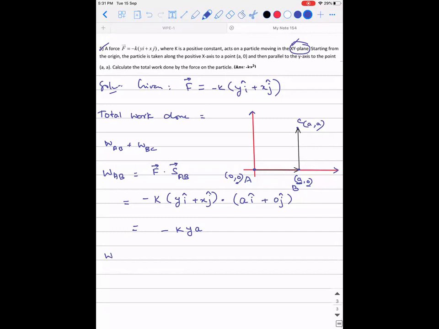Similarly, what is the work done by the particle from B to C? Minus k into (y i cap plus x j cap).